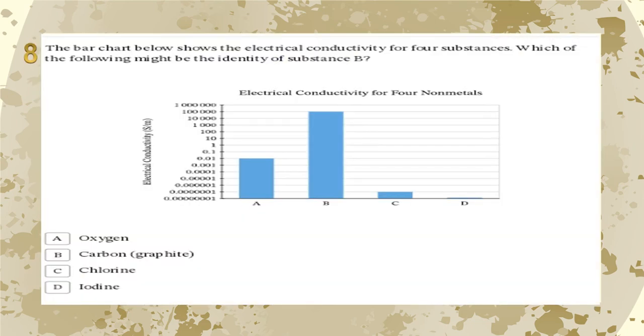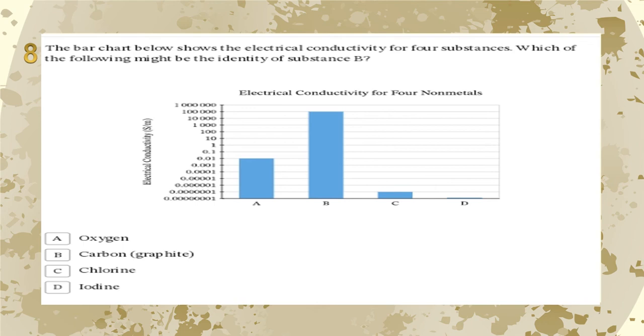Okay, question number 8 says that the bar chart below shows the electrical conductivity for 4 substances. We have substance A, B, C, and D. Which of the following might be the identity of substance B?